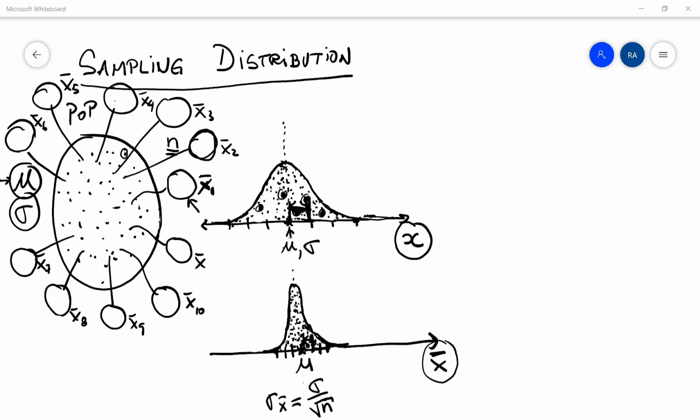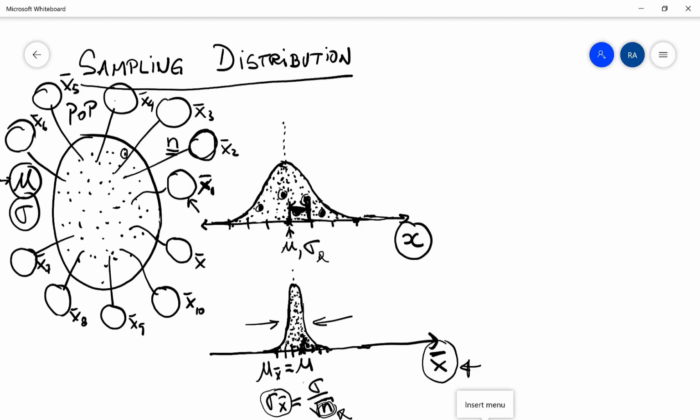In this simulation, we conclude that the mean of all sample means will be the mean of the population, and the standard deviation of all sample means is the standard deviation of the population divided by the square root of n. The bigger my sample size, the smaller the standard deviation, or the narrower the distribution of all sample means will be.